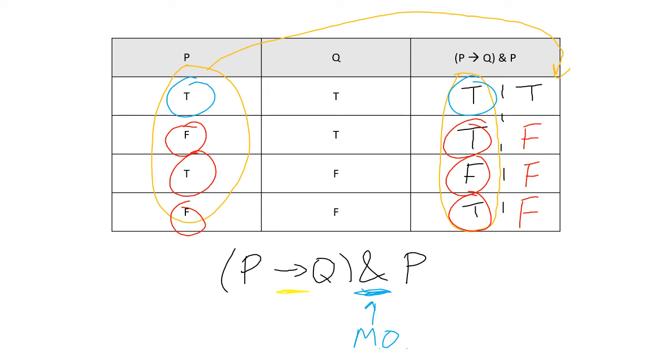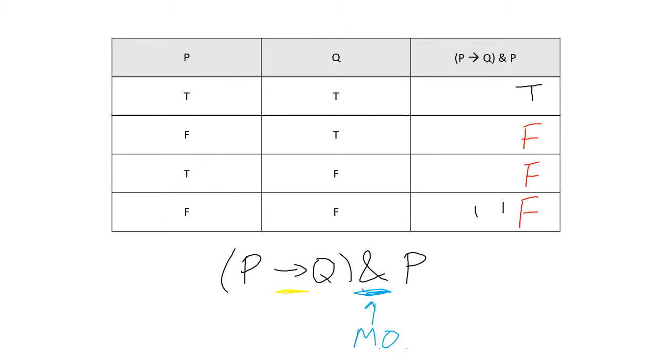And the other 3 rows, we don't have that, so they're going to be false. And again, we don't care about these anymore. We only care about this final row here on this side. So this represents the whole sentence right here.